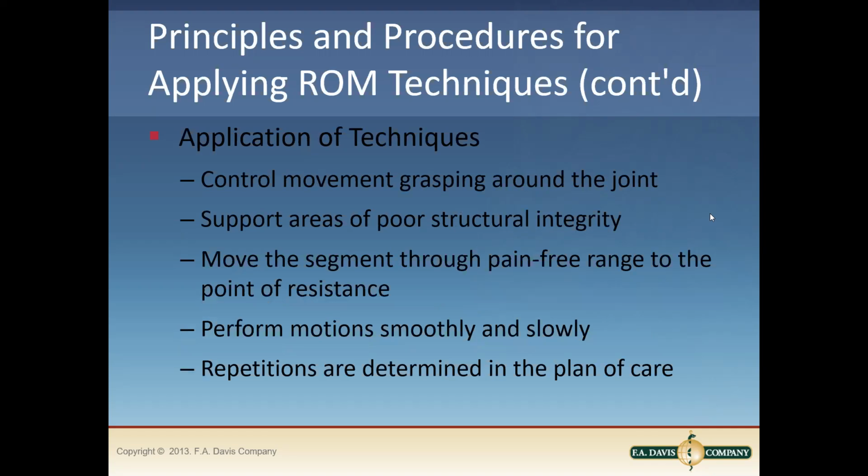Control movement around the joint. So here's the thing. If I'm moving the shoulder, what other joints do I have to worry about maintaining control over? If I'm moving shoulder flexion, what other joints do I have to worry about controlling? The elbow, good. What other ones?